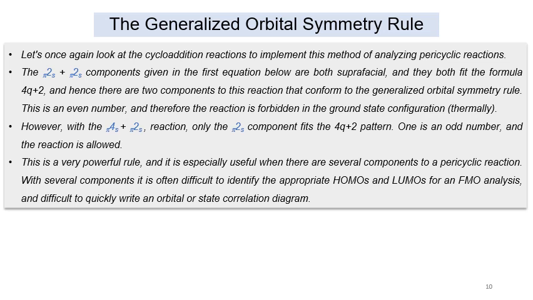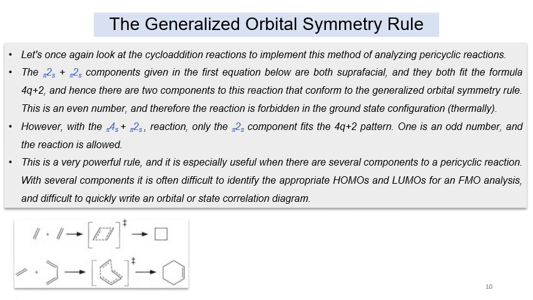Let's now look at the cycloaddition reactions that we had seen earlier. Let us see whether we can implement this method of the generalized orbital symmetry rule. We are saying that the first reaction is a pi 2s plus pi 2s reaction.